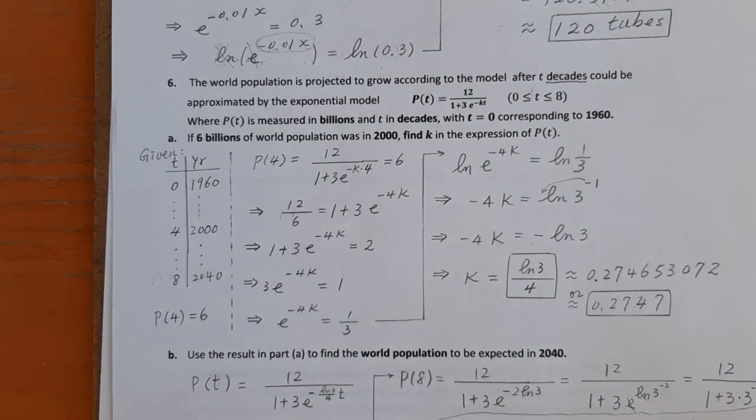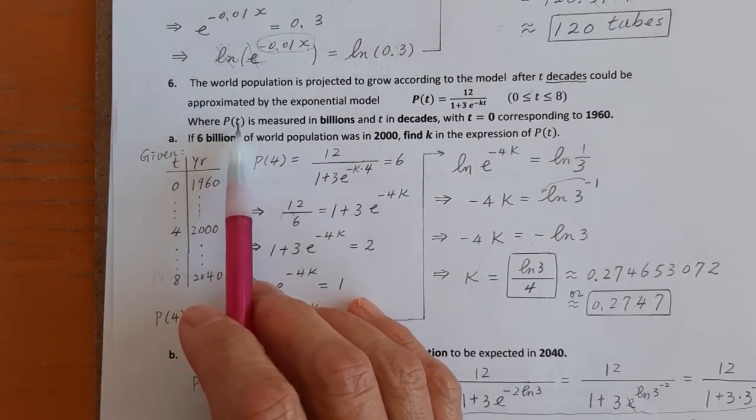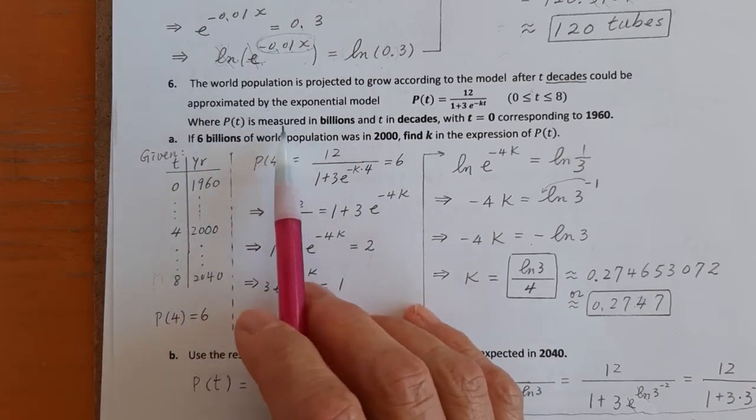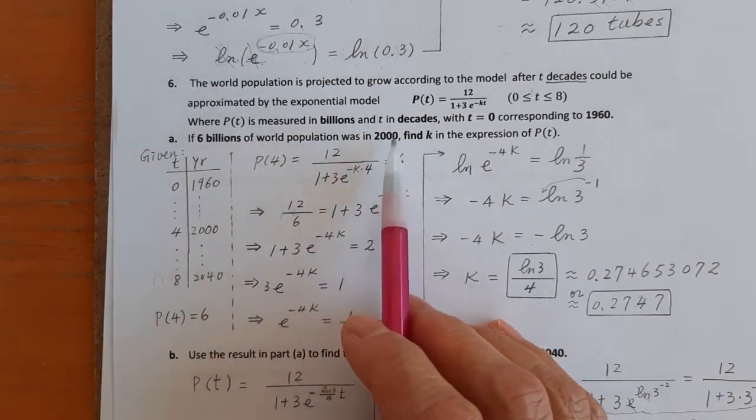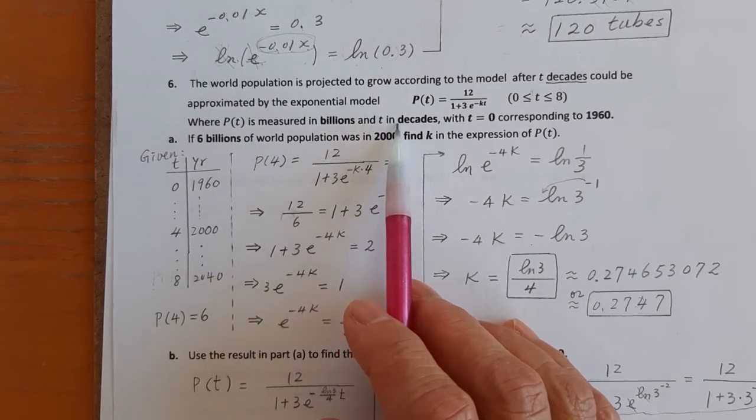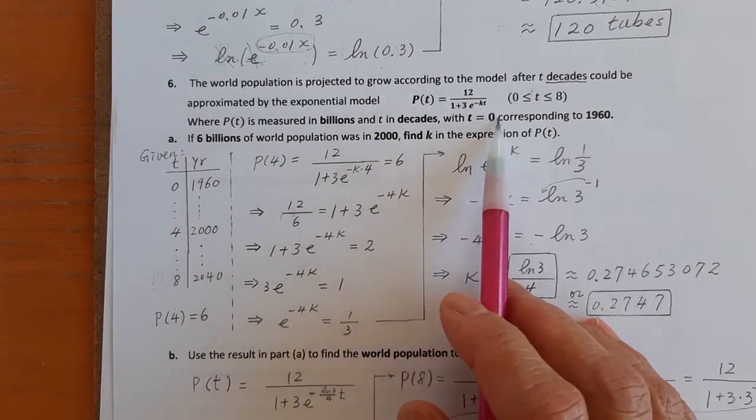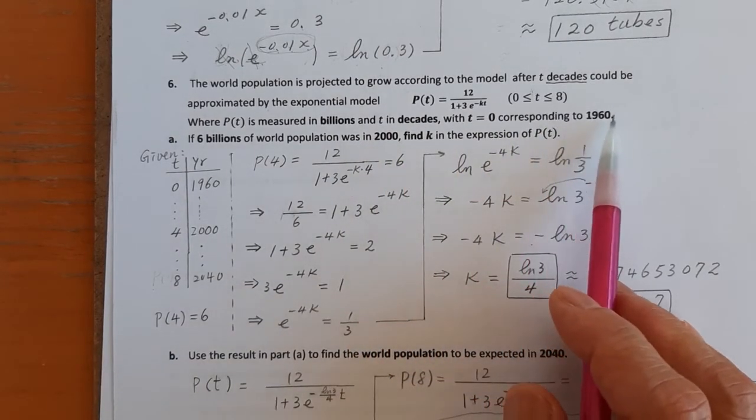P of t is the population, measured in billions, and t is in decades, with t equals 0 corresponding to 1960.